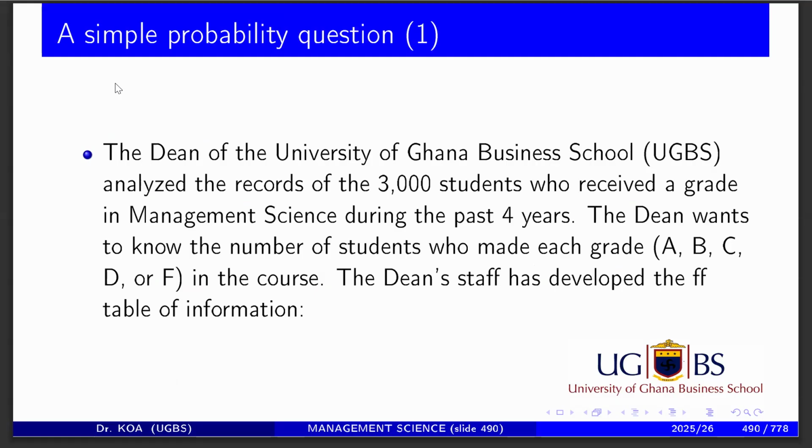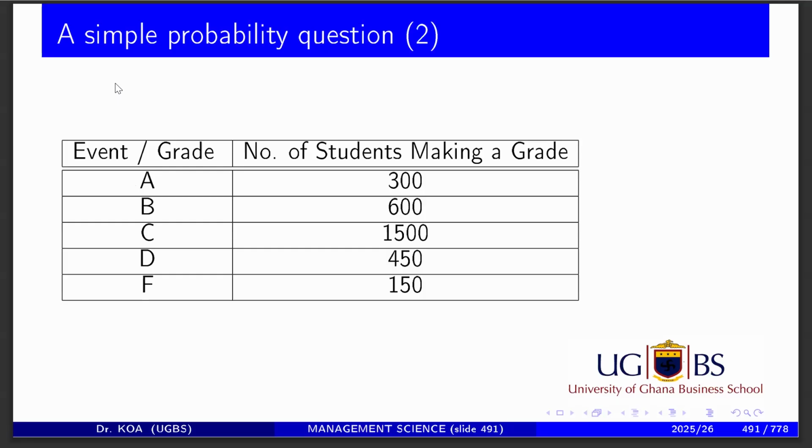The dean has analyzed the records of 3,000 students who have gotten grades in management science in the past 4 years. They want to know the number of students who made A, F, and so forth. This is your information. What is the probability that a student had an A? You can tell us.